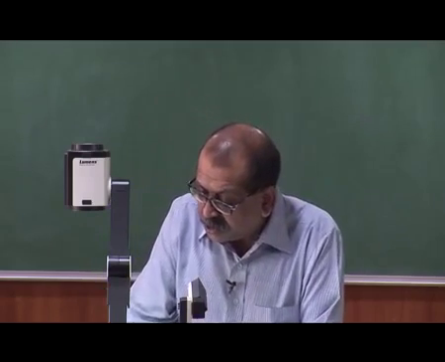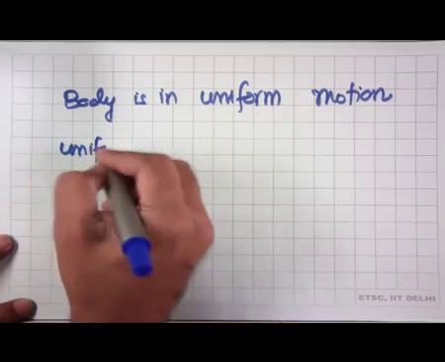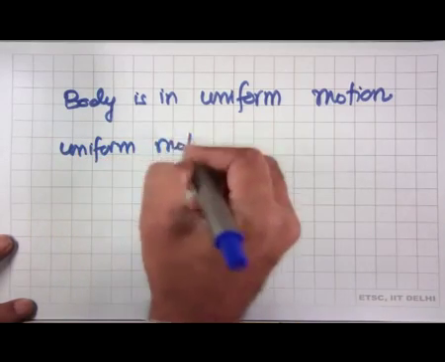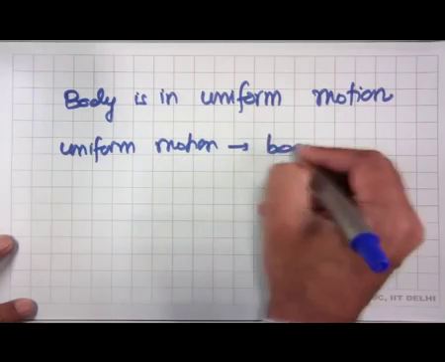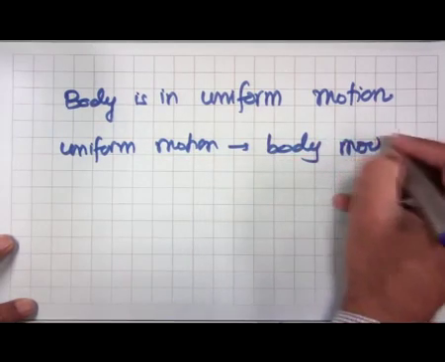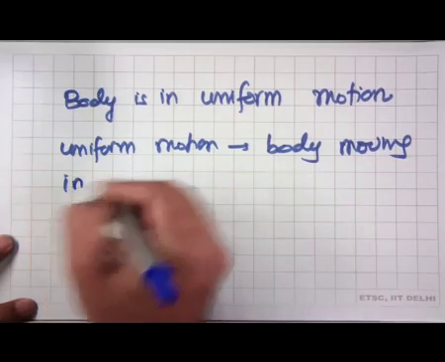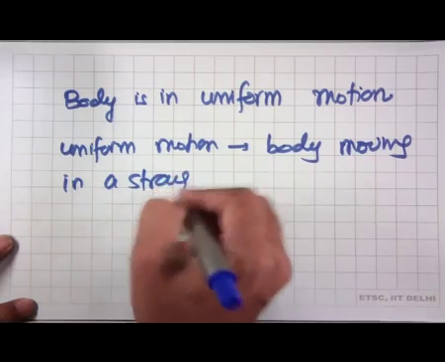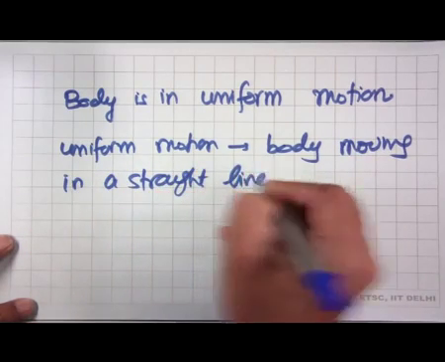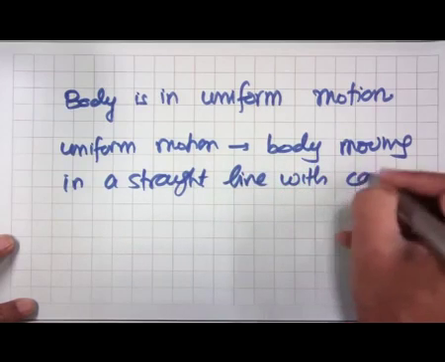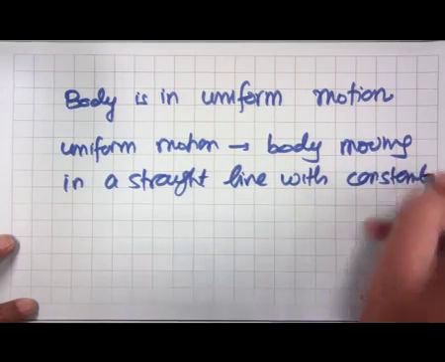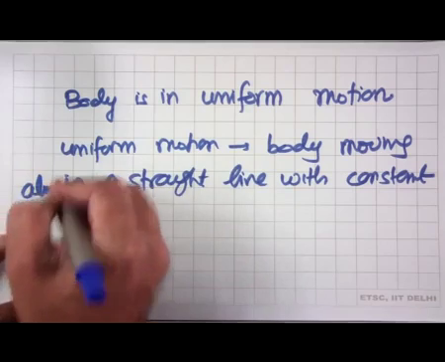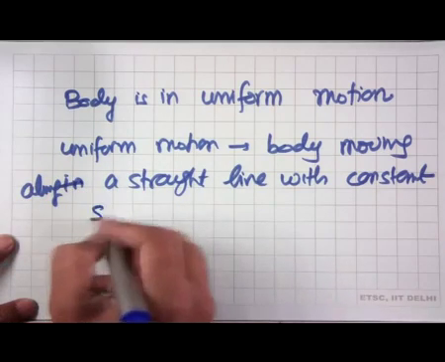Uniform motion means a body moving in a straight line, or along a straight line, with constant speed.